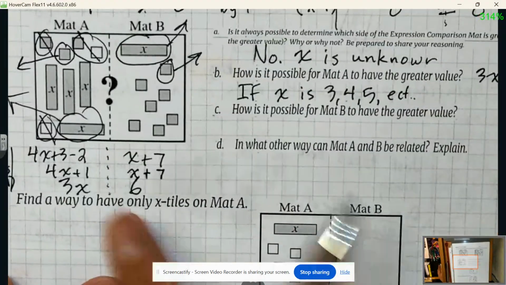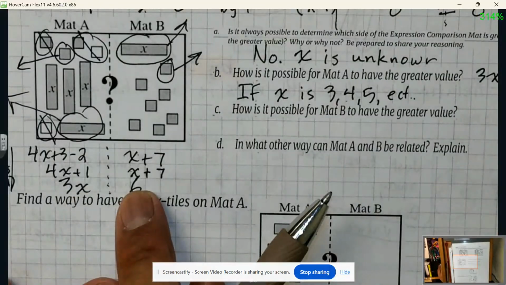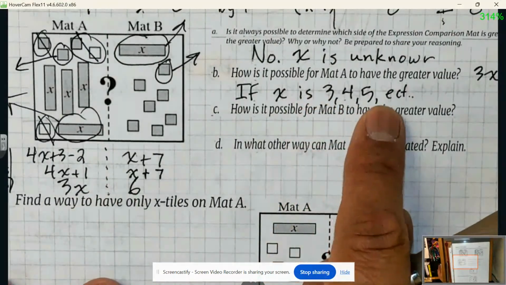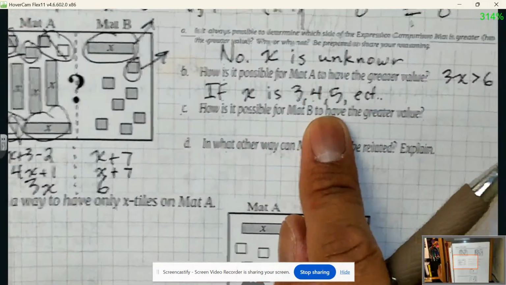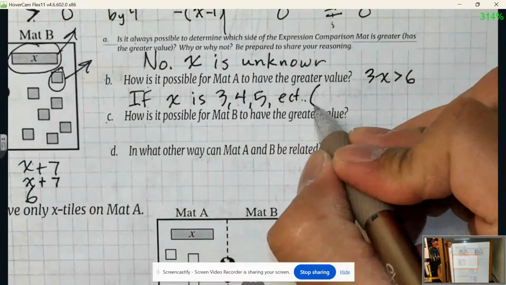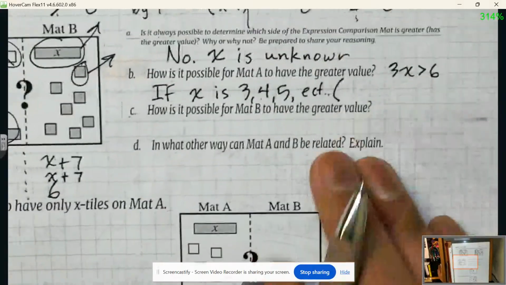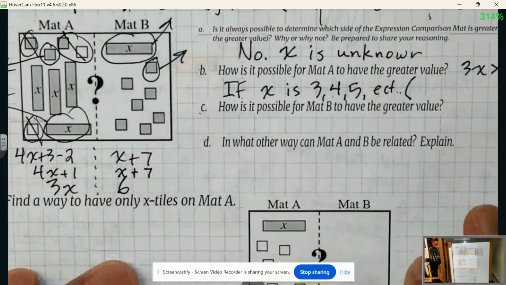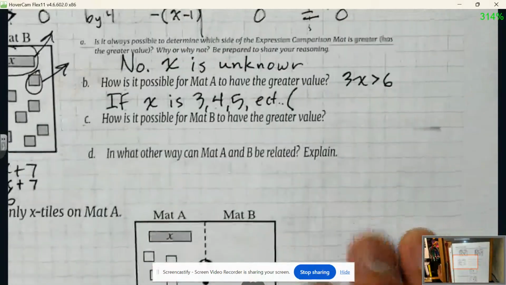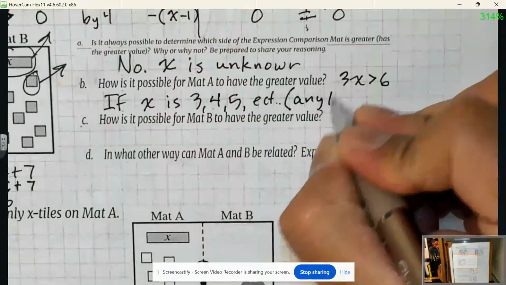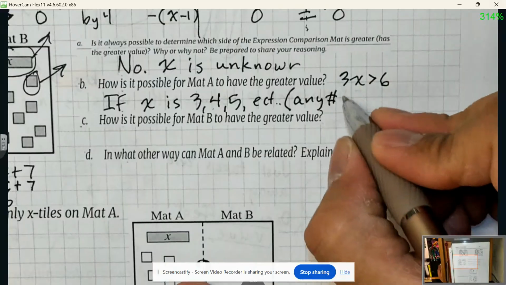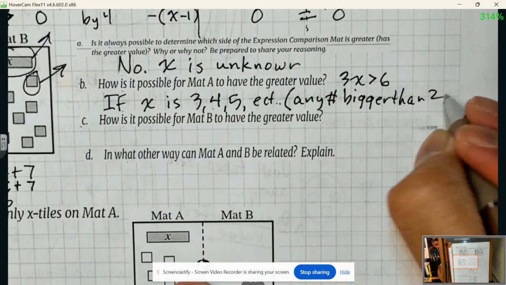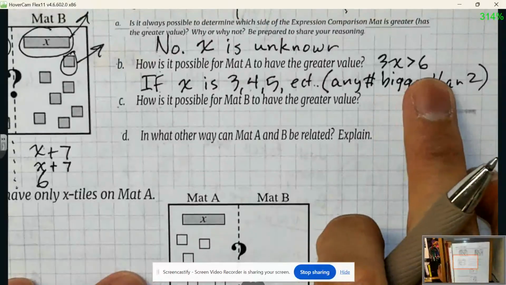If we plug it in, 3 times 4 is greater than 6, 3 times 5 is greater than 6. All these numbers, when we plug in for x, will be greater than 6. And it narrows down to any number that's bigger than 2, because 3 times 2 is 6, so that would not be greater for mat A. So this would be any number bigger than 2 that would make 3x greater than 6.